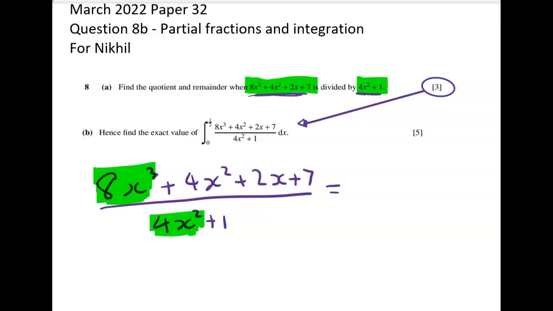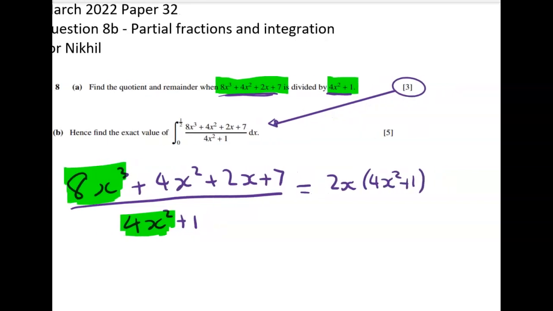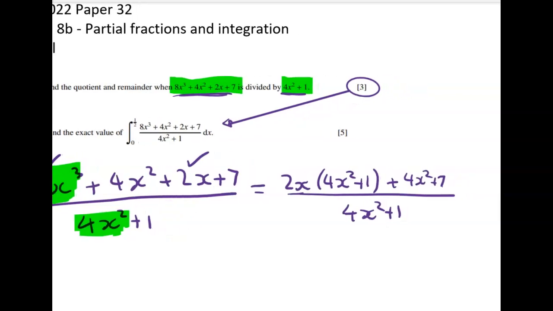So in here, we're going to get 2x times 4x squared plus 1. Now let's see what that's matched up. Well, that gives me, and we're going to put all of this over 4x squared plus 1 here. So now I've matched up the 8x cubed, and I've also matched up exactly the 2x there. So I'm left with 4x squared plus 7.